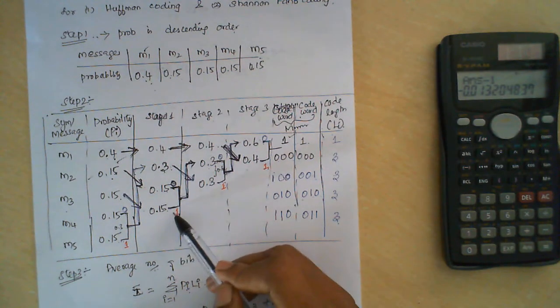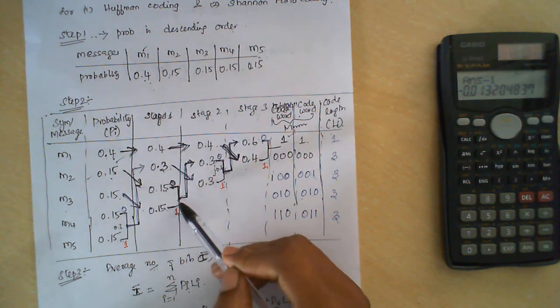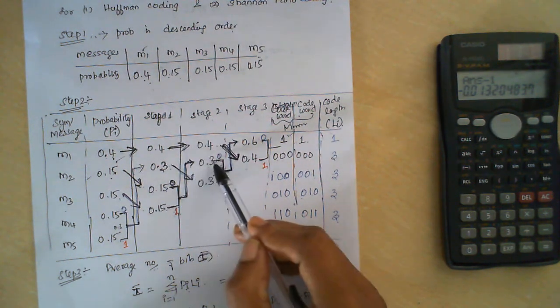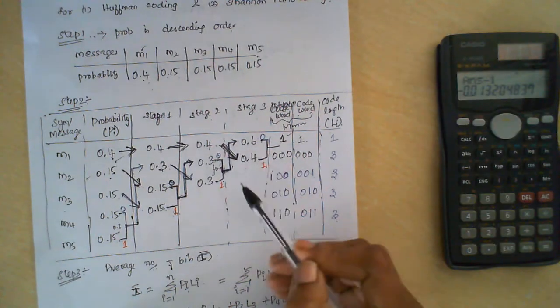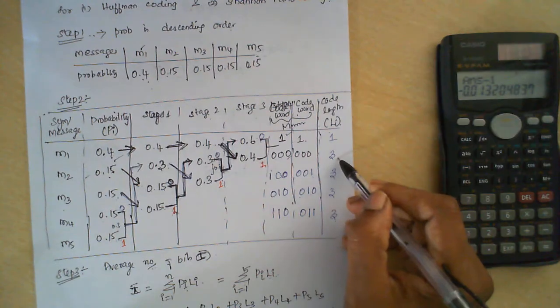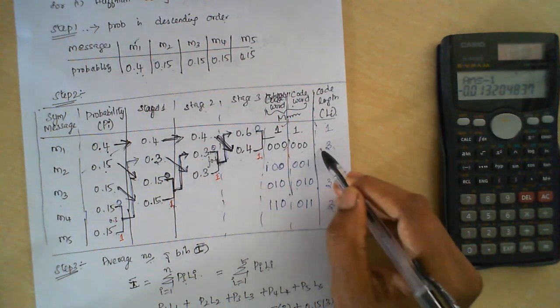So you should track the value in such a way that it traces the bits level present in the position only. It will be a little bit confusing when you take these values. So track how the value moves to the next level. In that way you can correctly write the code word. So this is how you write the code word and obtain the code length by counting the number of bits present.